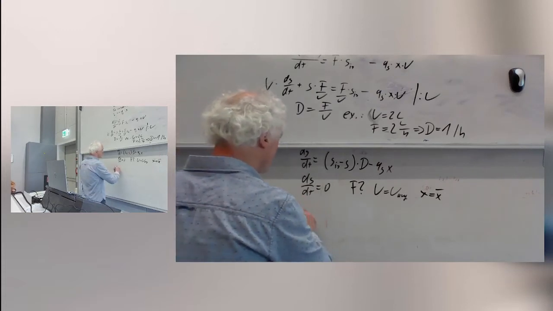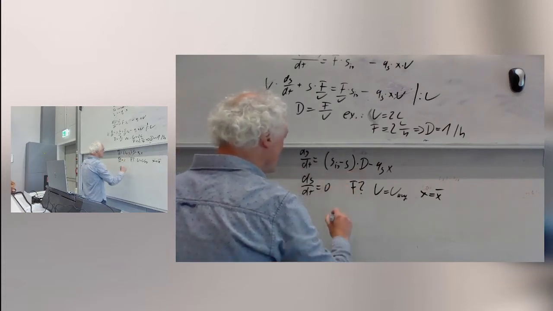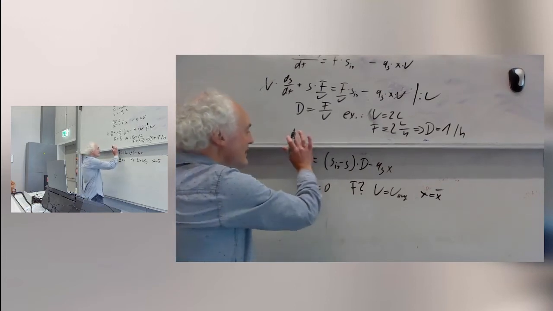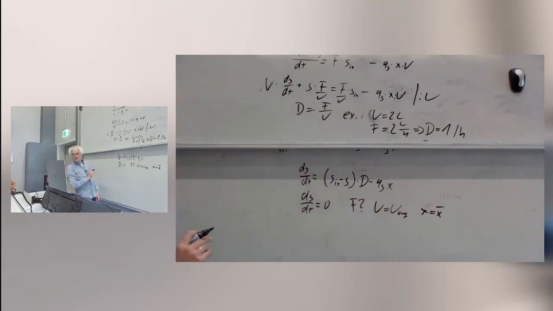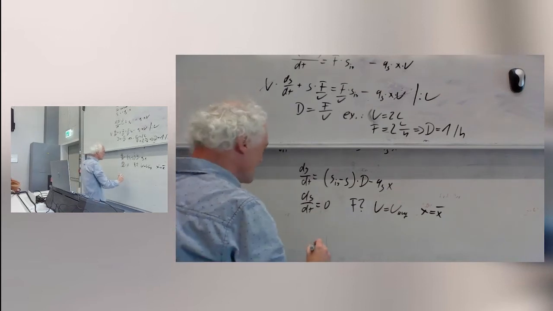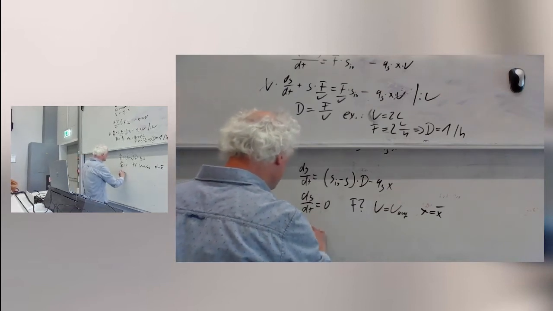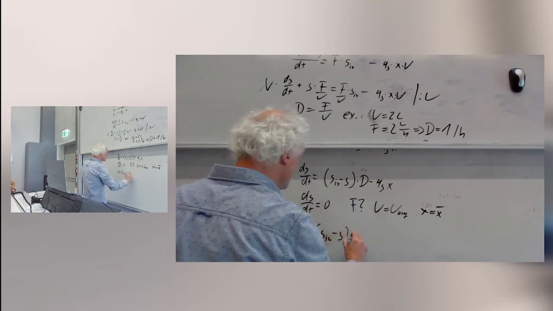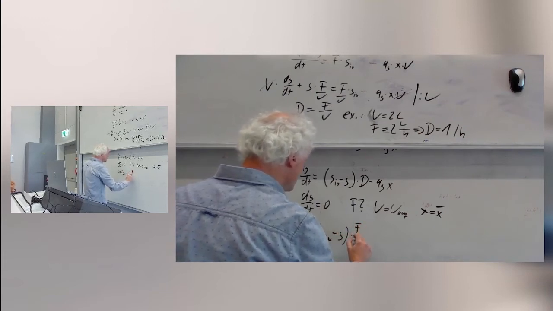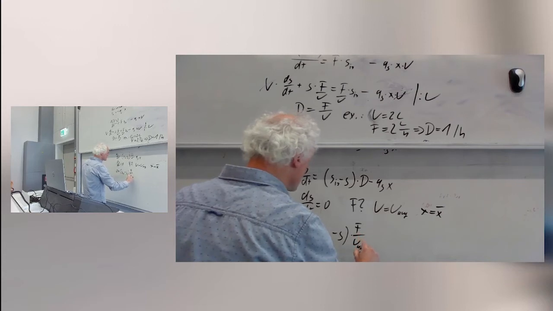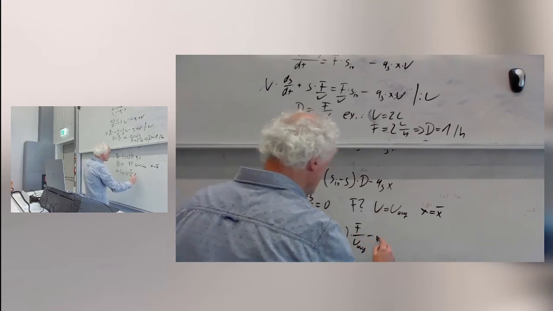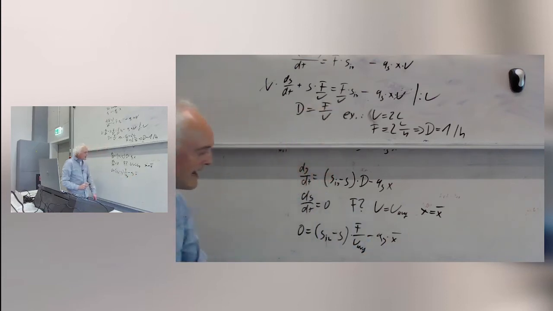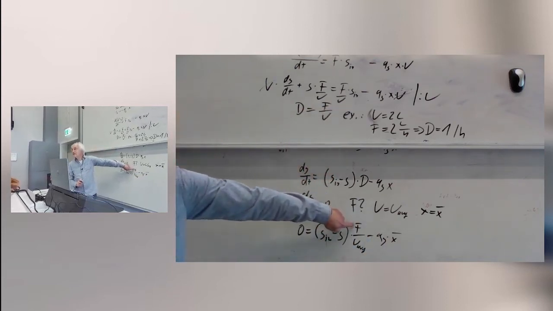So we put everything in this equation. Of course, D is then F divided by V average. So we have 0 is equal to S_in minus S times F divided by V average minus q_S times X average. And again, what we want to have is the F, don't forget that.